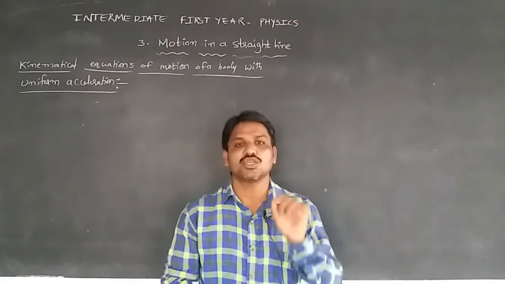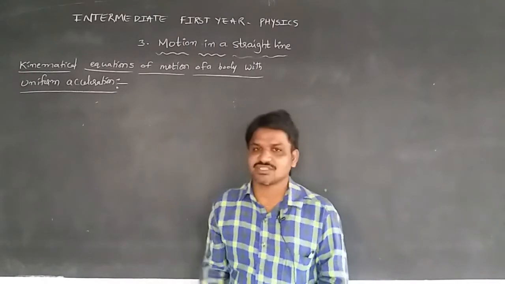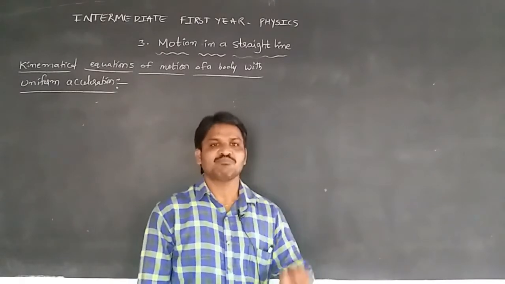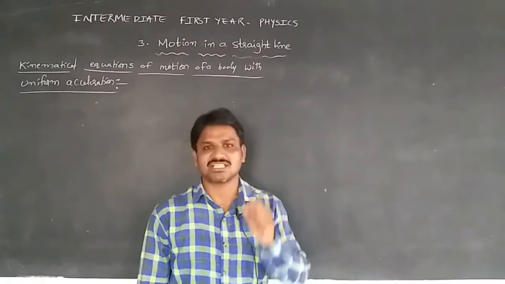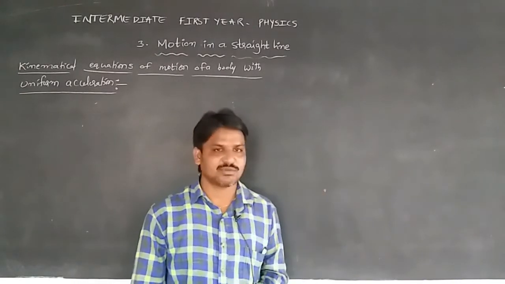By using this, we come to the kinematical equations. What are the kinematical equations? When the body is traveling, they help us find the velocity, acceleration, time or displacement. Earlier we discussed the parameters.